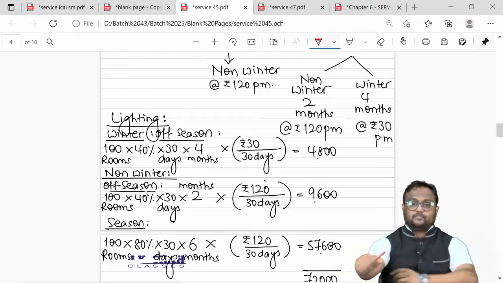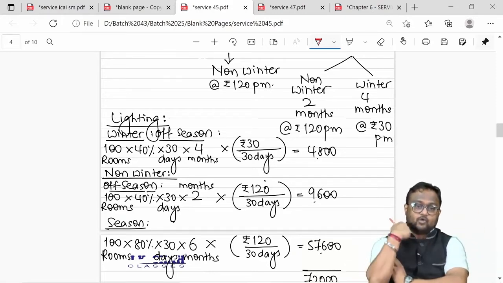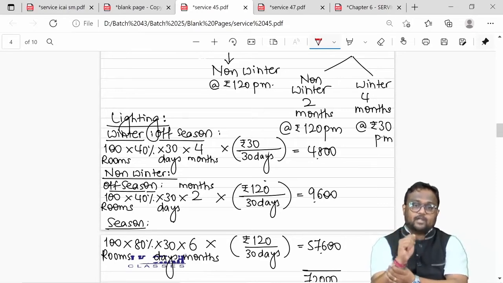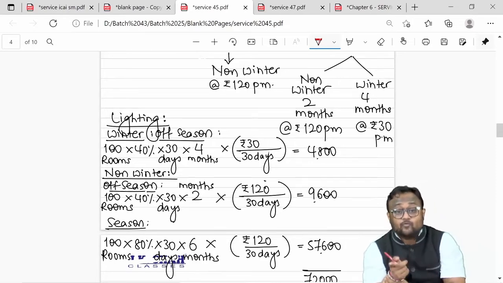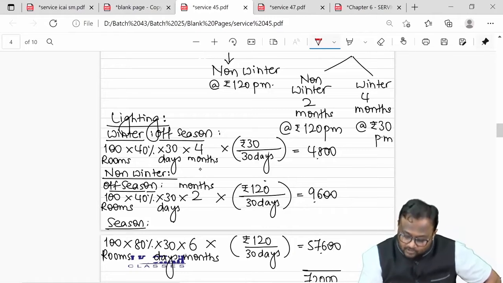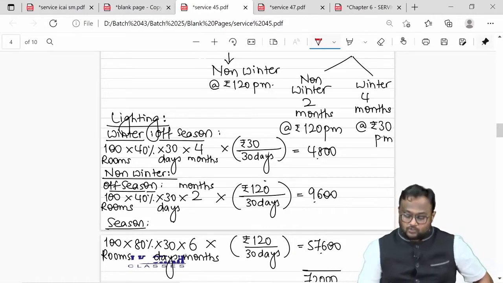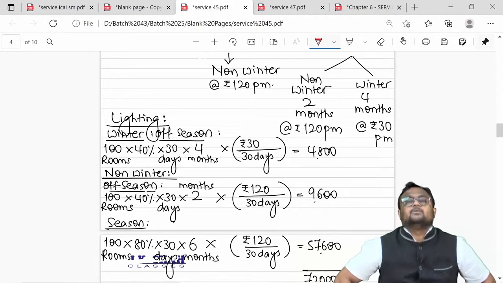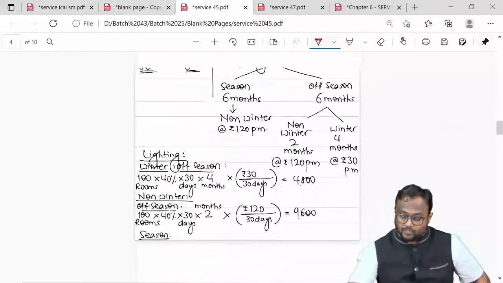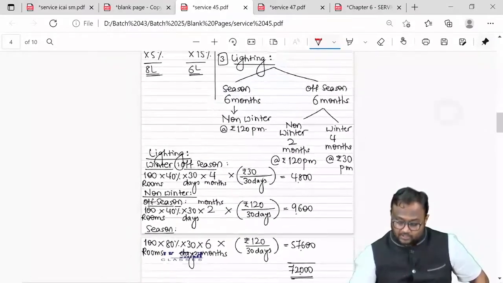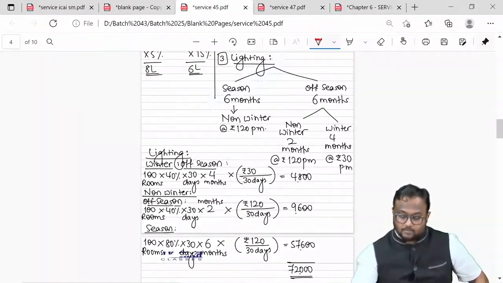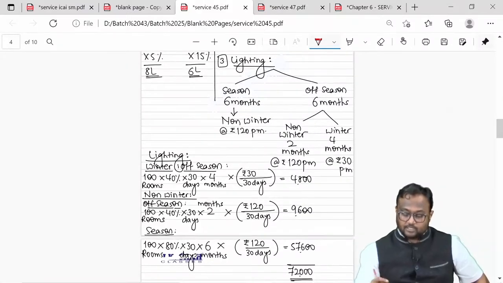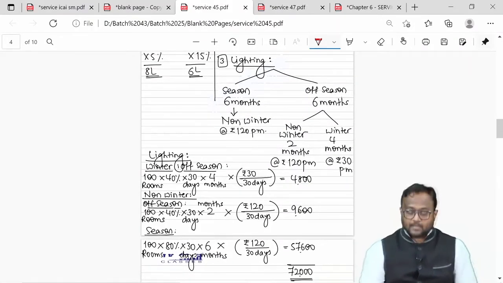So off-season 40 rooms occupied per day, season 80 rooms occupied per day. Off season non-winter will be of 2 months, because 4 months is already shifted to winter. So 120 per month, 30 days you use to calculate per day, and this is what you get. You can copy this note if you want. Lighting charges. This is the simplest way of calculating and understanding things.